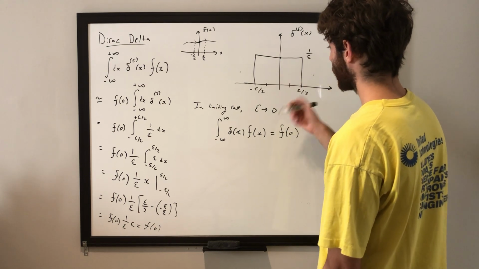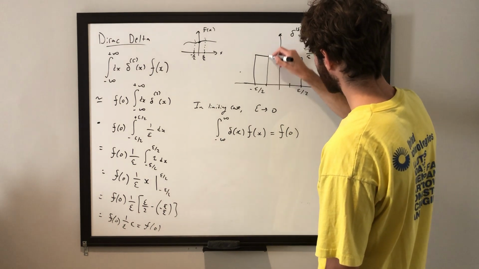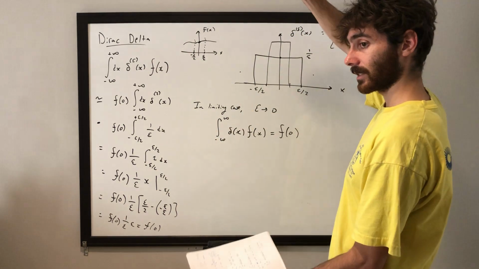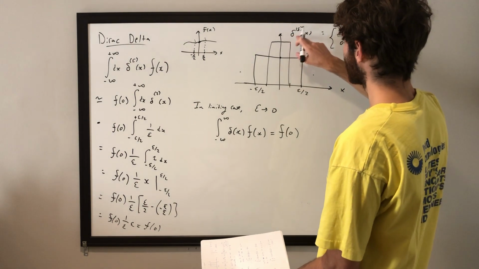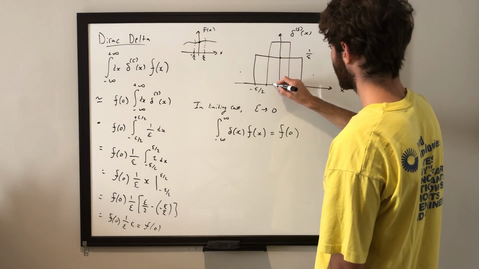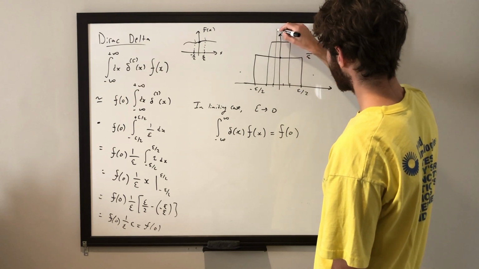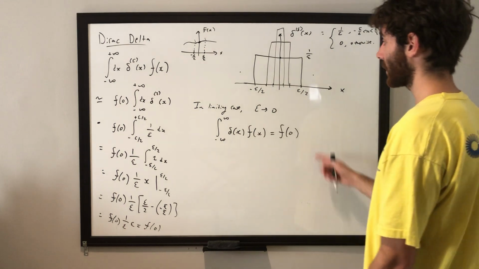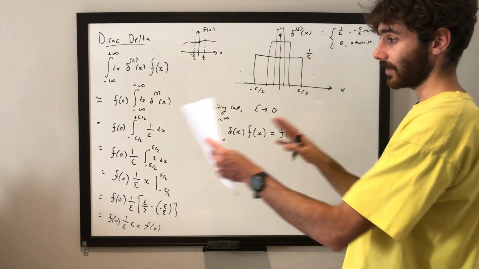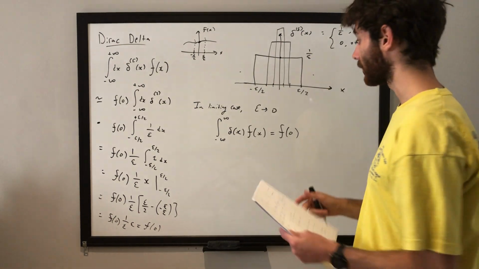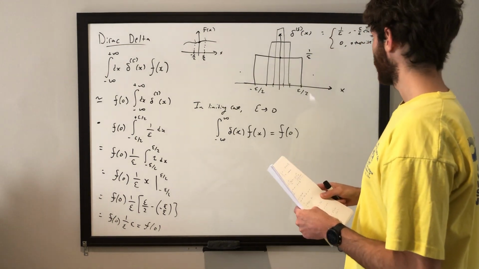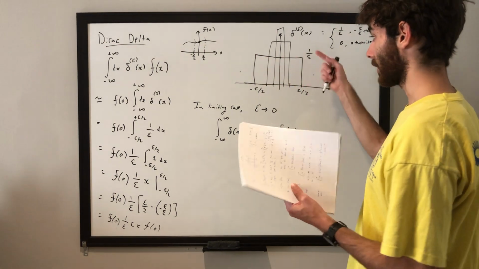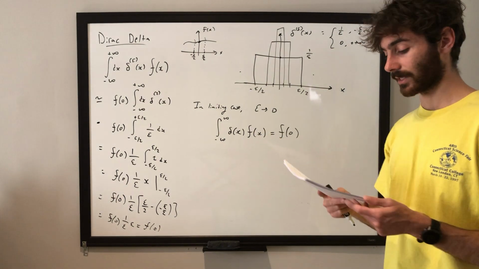We can imagine a procedure in which we are squishing and simultaneously heightening this delta epsilon function, and in the limit we get a very, very thin in width and very, very tall in height peak. The limiting procedure is when we take the width to 0 and the height to infinity. This limit is done in such a way that the area enclosed by the delta function is constant.